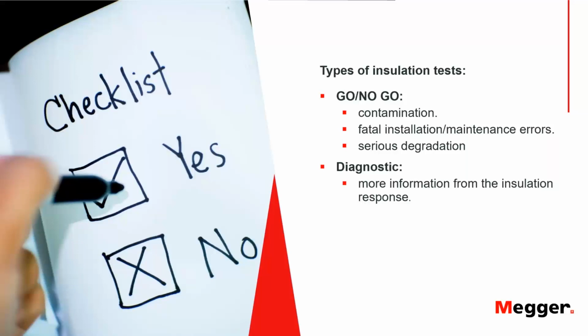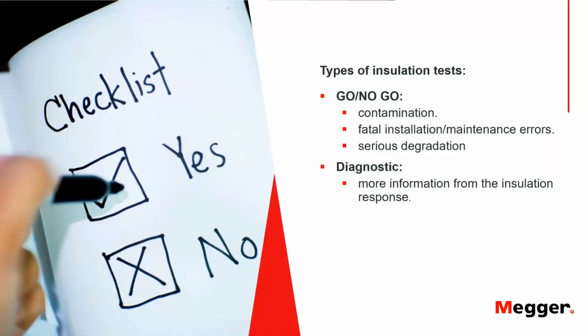Go, no-go obviously is you're just looking to see whether something's good or bad. You're doing troubleshooting when a problem has developed. You're trying to find, is a motor that kicked out the breakers an electrical problem, or is it a problem with the bearings? And so you make a quick insulation test, and that's your go, no-go type testing. Or are you just trying to meet a standard?